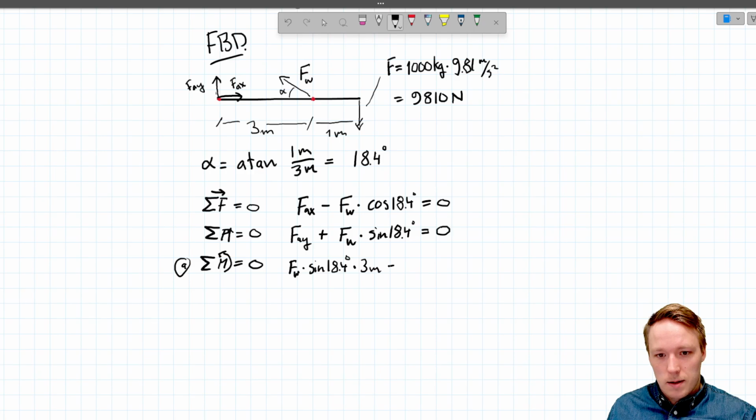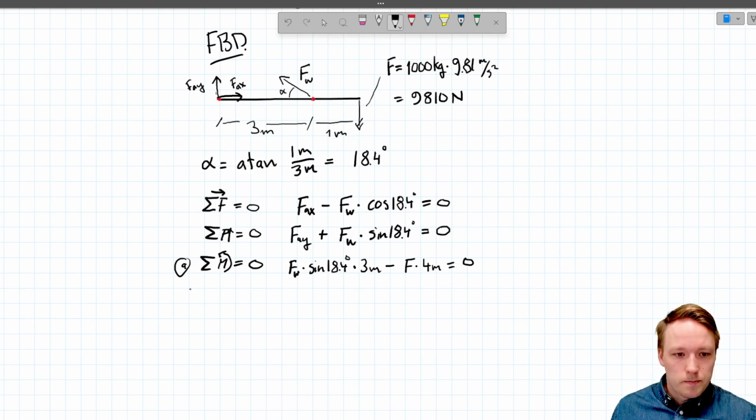And then from that we subtract the moment caused by the external force, so that will be F times 4 meters, and that has to equal 0.